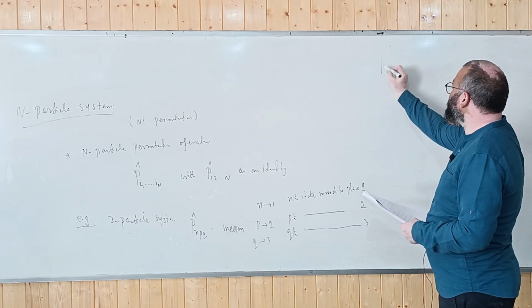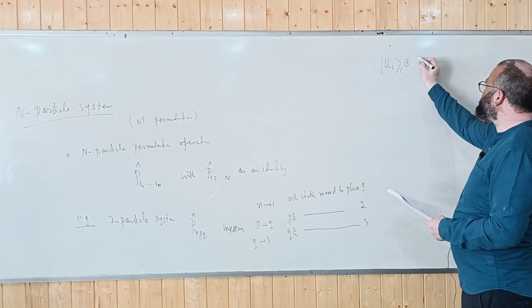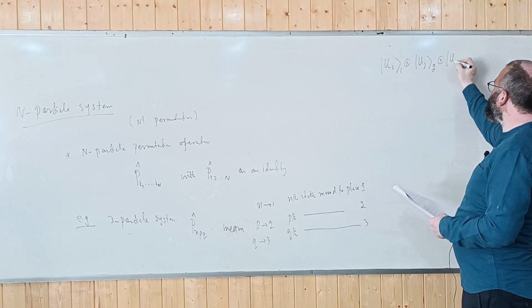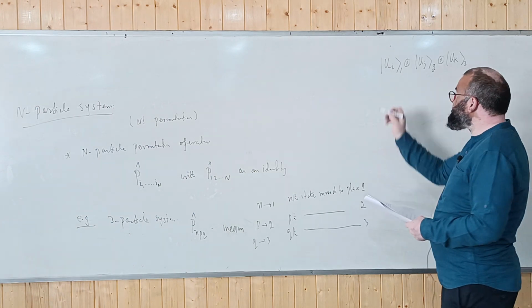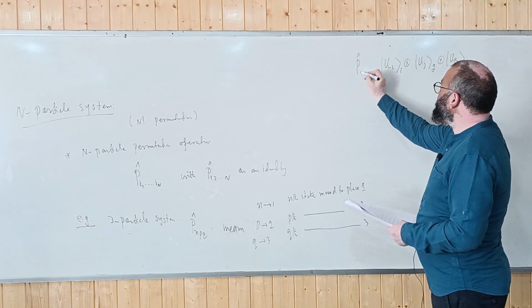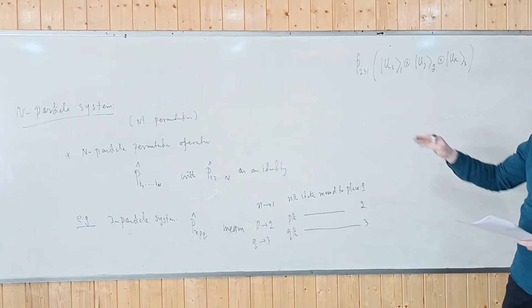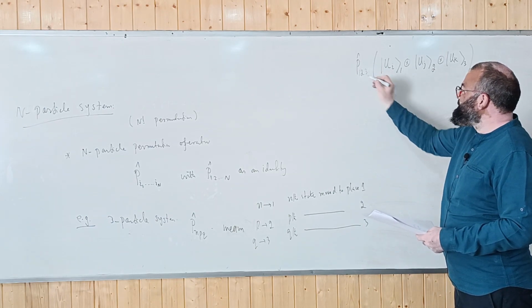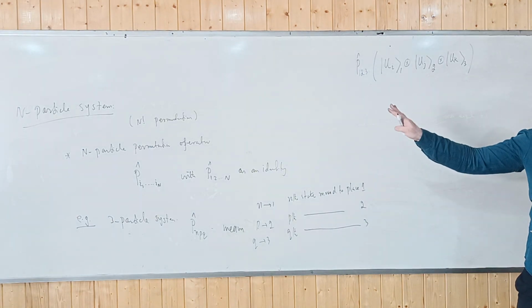Let's say you are having this state ui at place 1, uj at place 2, and uk at place 3. So let's apply this kind of operator, P 2 3 1. Before doing that, let's do 1 2 3. It's also a permutation operator.